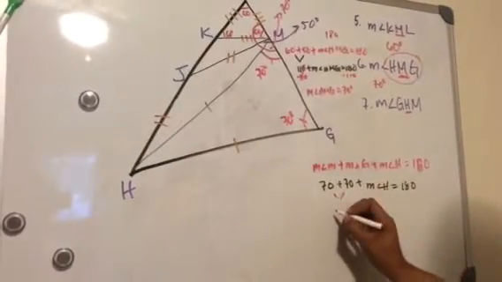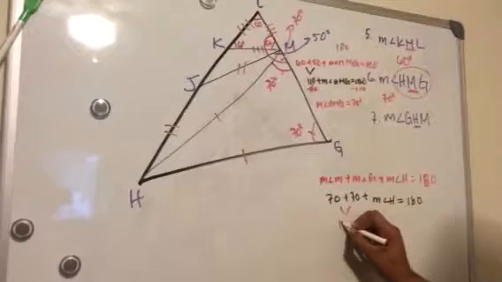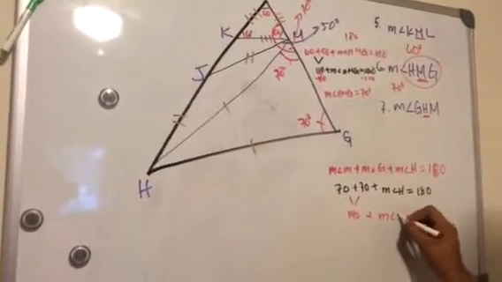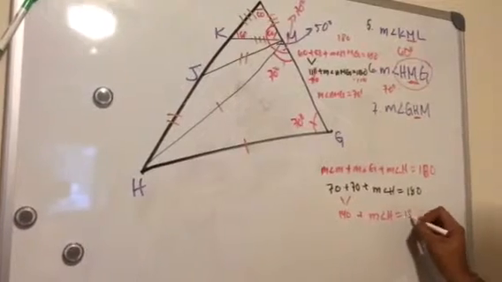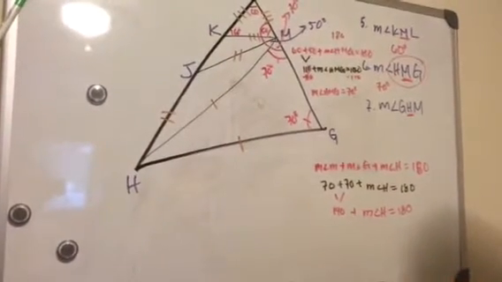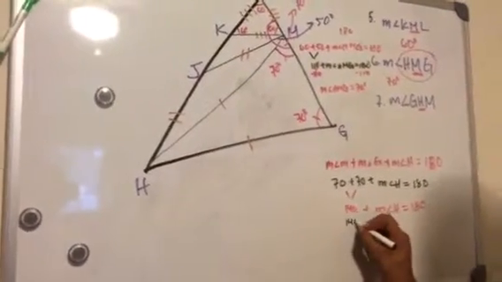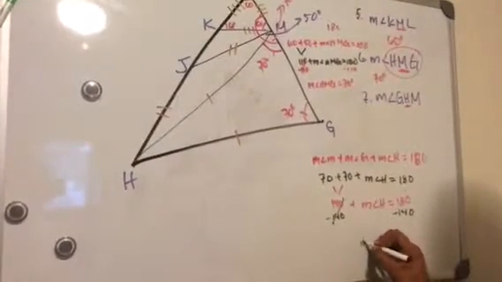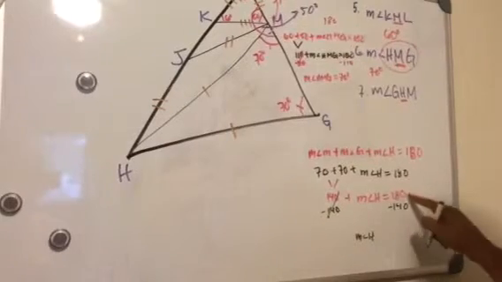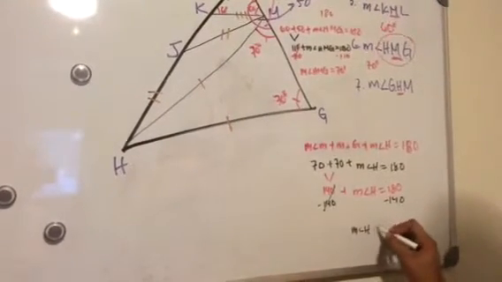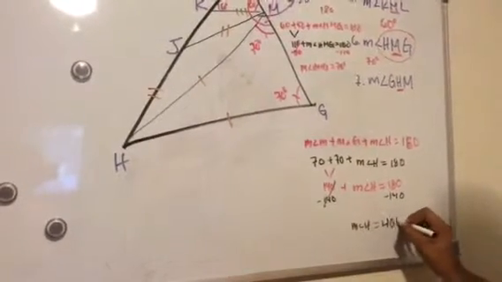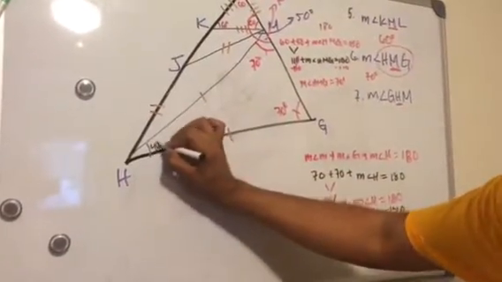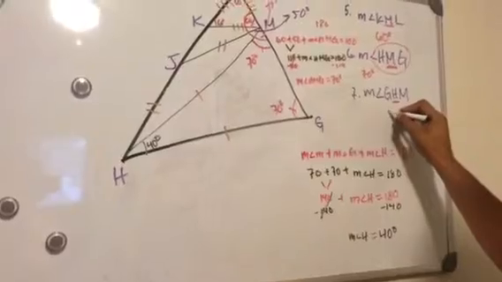We add like terms: 70 plus 70 equals 140, plus measurement of angle H is equal to 180. Now we subtract 140 from both sides. They cancel out. So measurement of angle H, 180 minus 140, is equal to 40 degrees. So this angle over here will be 40 degrees.